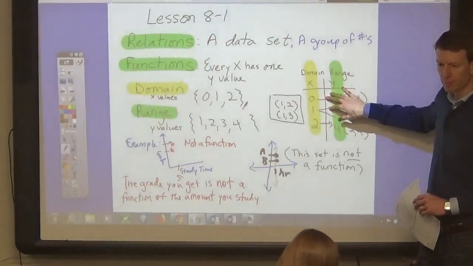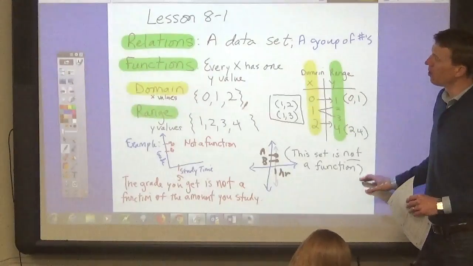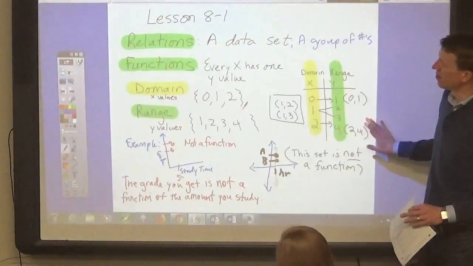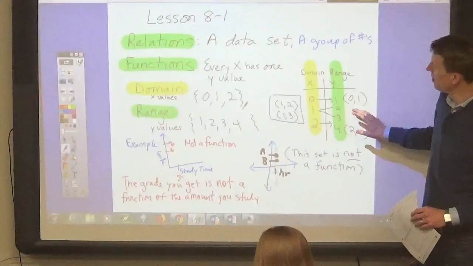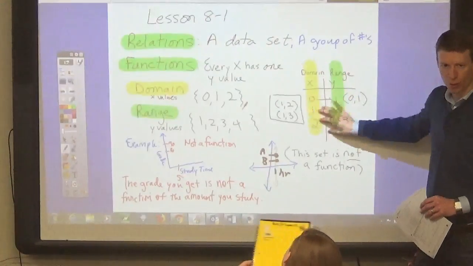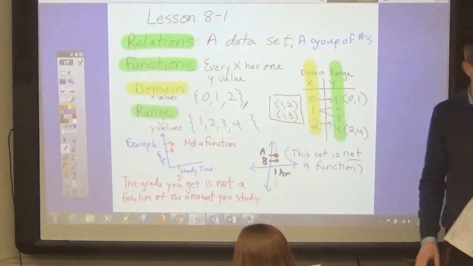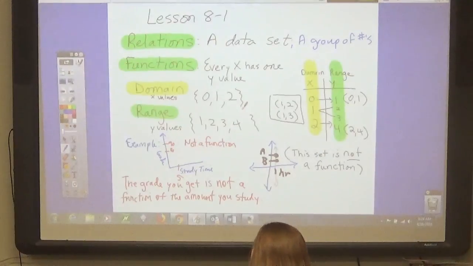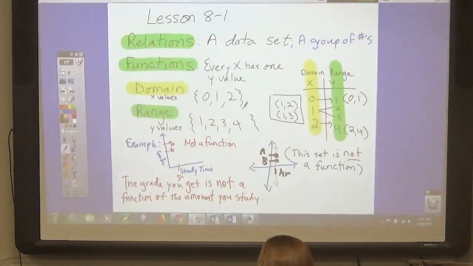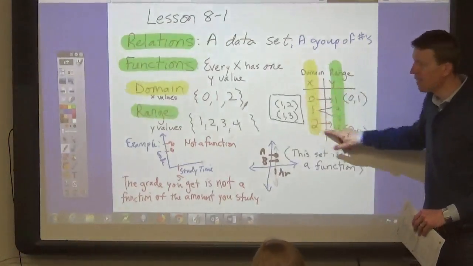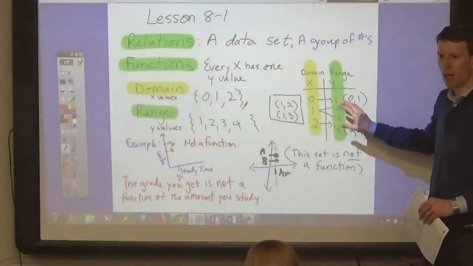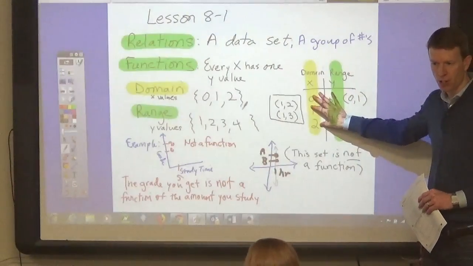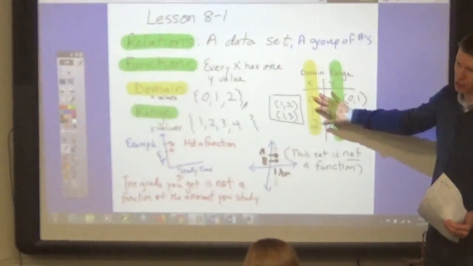Okay? We're also going to learn about something called a function. A function is a type of relation. It's a type of set of numbers. Okay? It's a characteristic of these sets of numbers. Sometimes a relation is a function, and sometimes it's not a function.